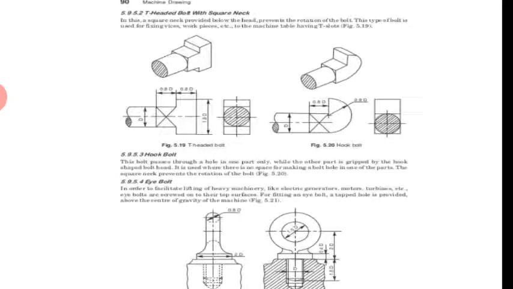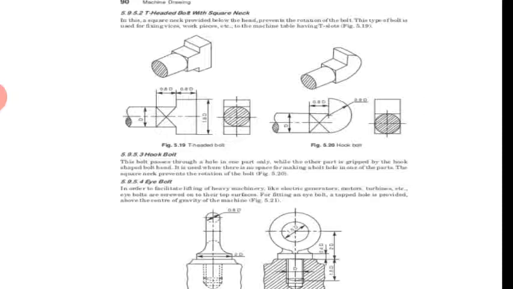Foundation bolts are classified according to the shapes of their head and neck. Students, first is the T-headed bolt with square neck. It means the head is square and the neck under the head is also square.